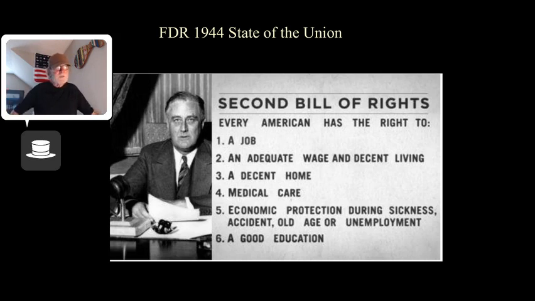These things were discussed in 1944, totally discarded as policy priorities for the most part. Certainly they don't exist under neoliberalism. And I don't see this Bill of Rights being promoted by either party contending for the presidency now.